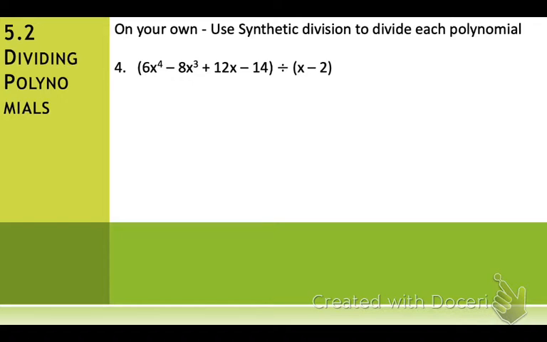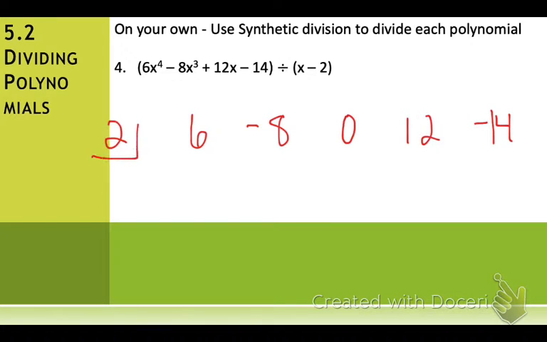This one I'm going to need a placeholder. I don't have an x squared, so I'm going to keep that in mind. So 6, negative 8 is the x cubed. I don't have an x squared, so I'm going to put a 0, x squared, 12, and negative 14. 2 there. Remember, if that's minus 2, you put a positive 2 there.